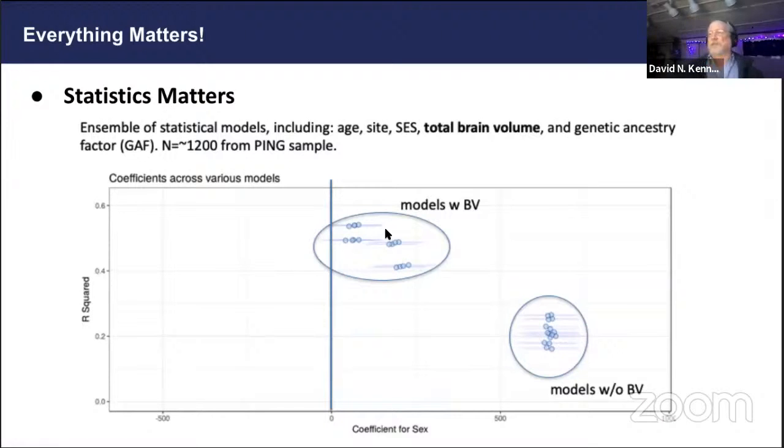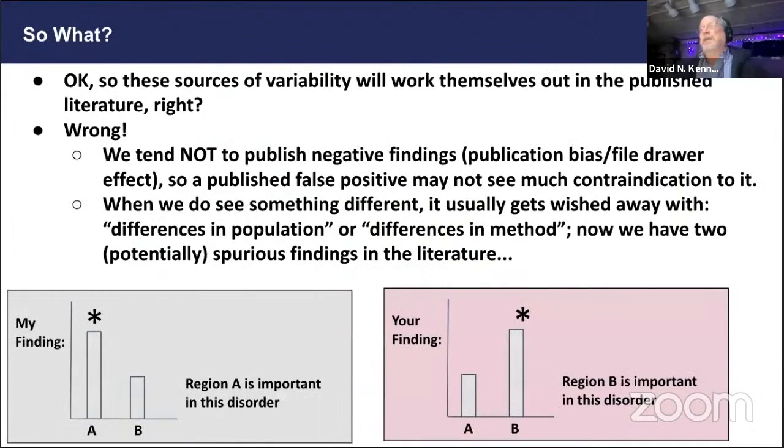But again, that's closer to reality since we didn't want the total brain volume interfering with that observation of the sex effect in the hippocampal volume. So again, lots to worry about in terms of what the right model is, what the right approach to modeling is when there's lots of covariates and lots of things that also have significant effects on the observation of interest.